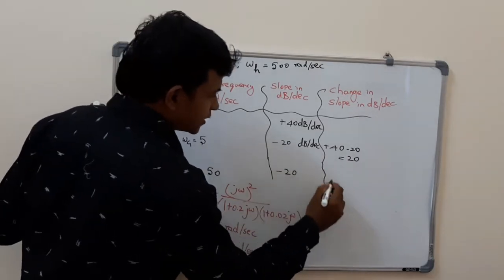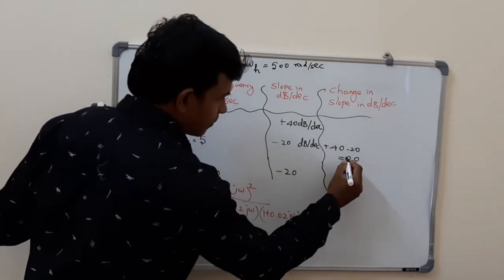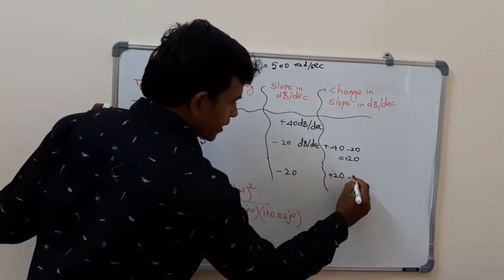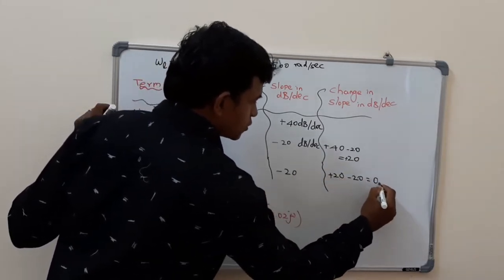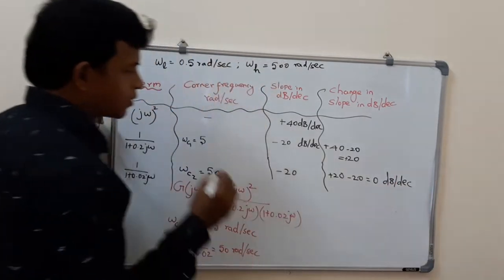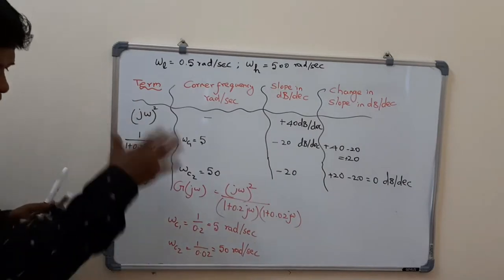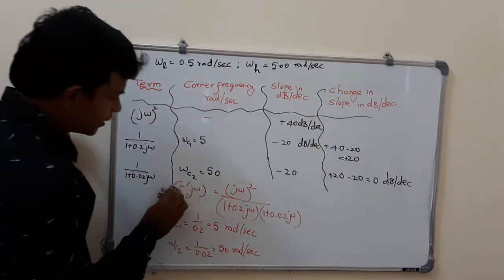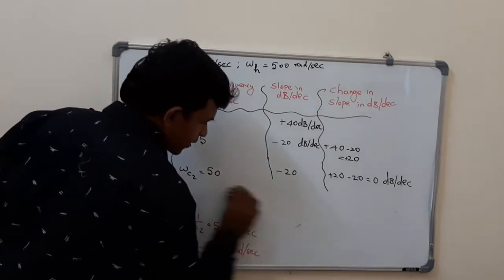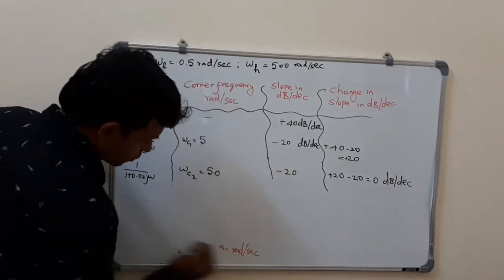So the change in slope is plus 20 minus 20, that is equal to 0 decibel per decade. So we have tabulated the terms, the slopes provided by them, and the change in slope.